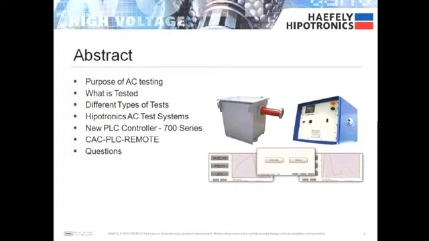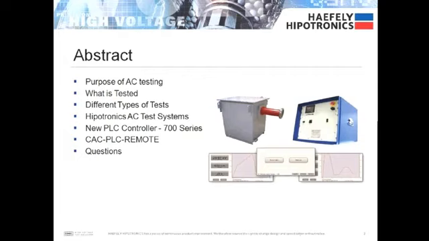Just as a summary of what this presentation will focus on, the first thing we'll talk about is the purpose of AC testing. The different products that we test. There's a wide range that requires an AC applied test, from cable to transformers, so we'll briefly touch on that. The different types of tests, there's some requirements for step or breakdown test, which we can discuss.